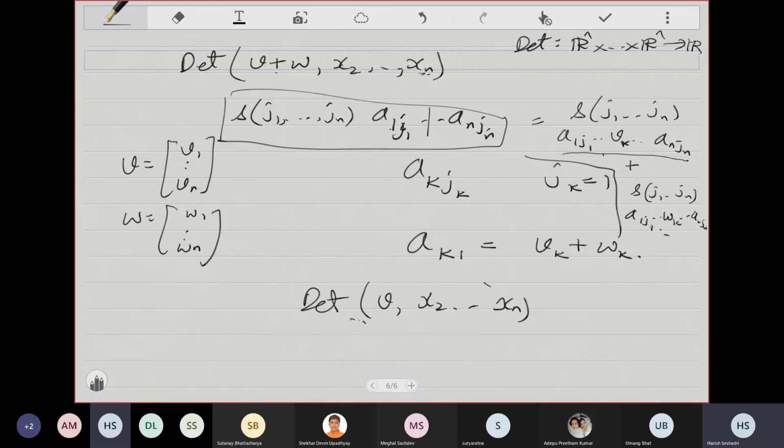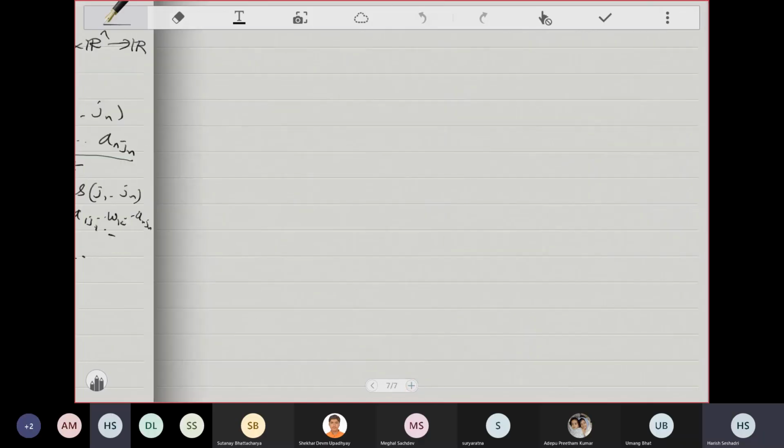Similarly, the other term would arise from W, x2, ..., xn. So a term by term analysis, just looking at each term in the determinant, shows that what we want holds. So that proves the multilinearity part.